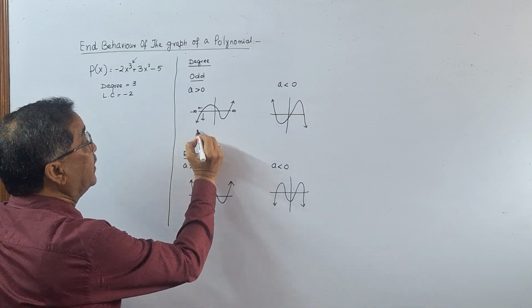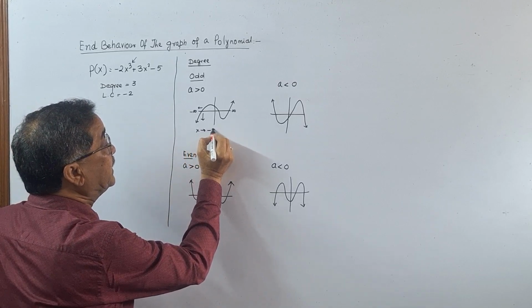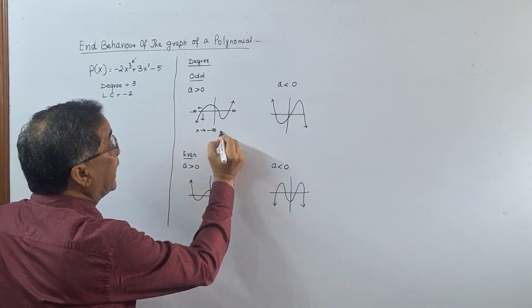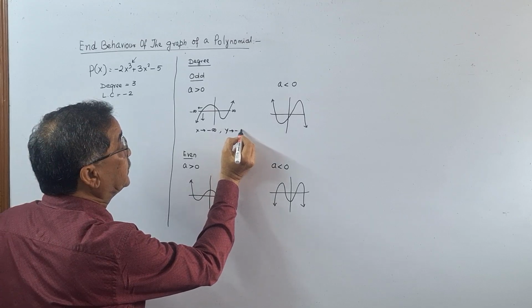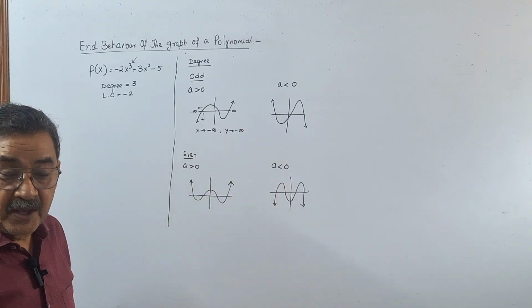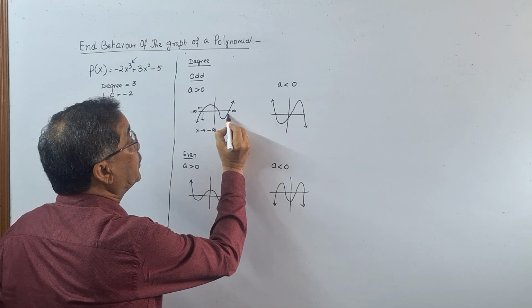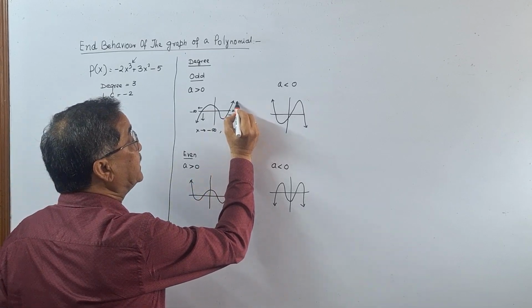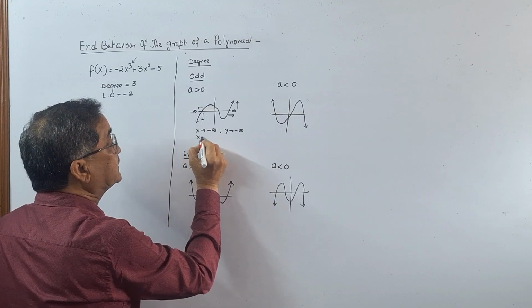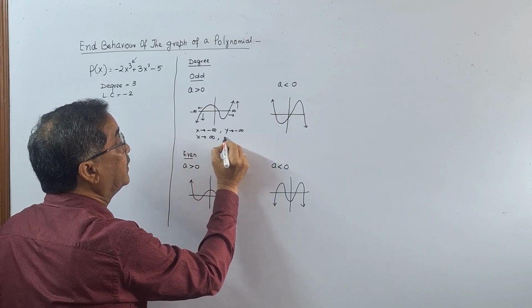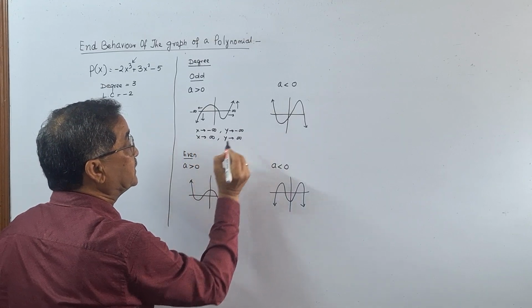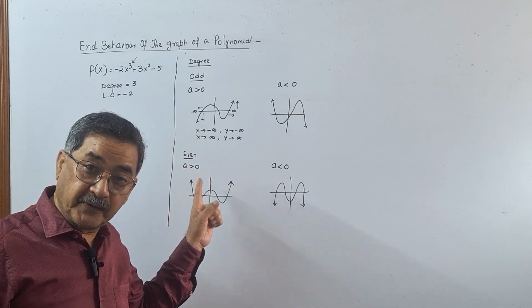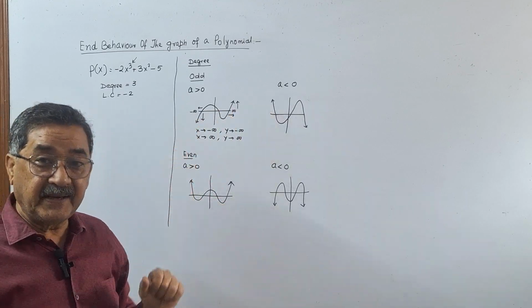So, we say when x approaches negative infinity, the value of y is also going towards negative infinity. When the value of x is going towards positive infinity, the value of y is going up. So, x approaches infinity, y also approaches infinity. I'm sure you follow this. Now, let us look at the next one.